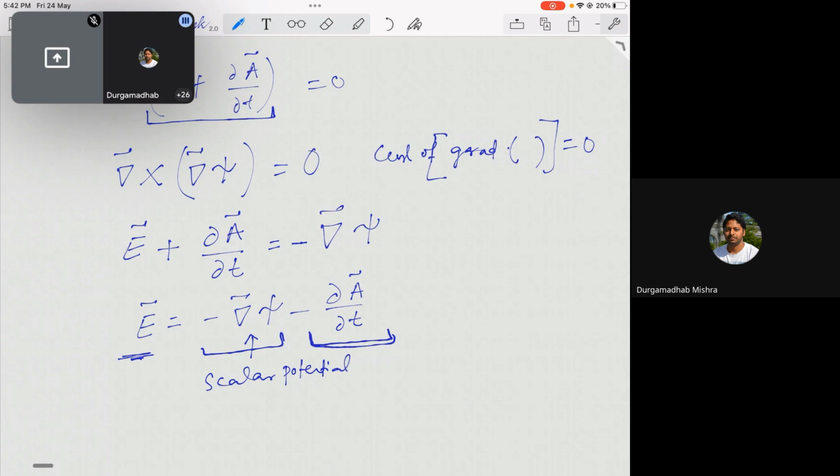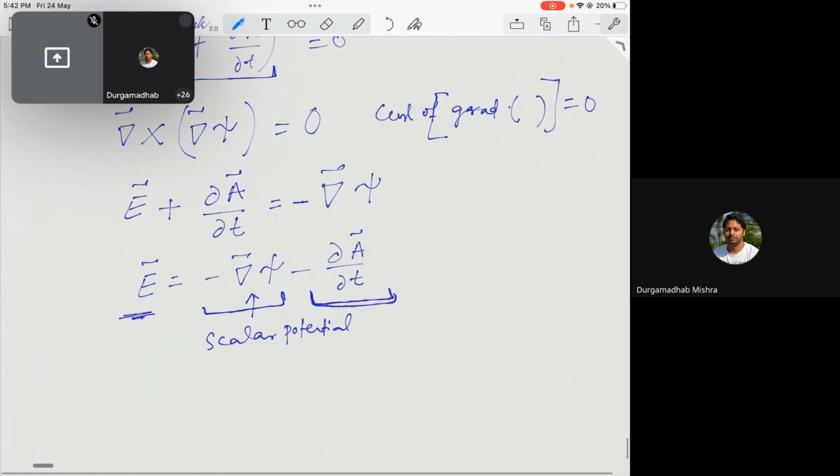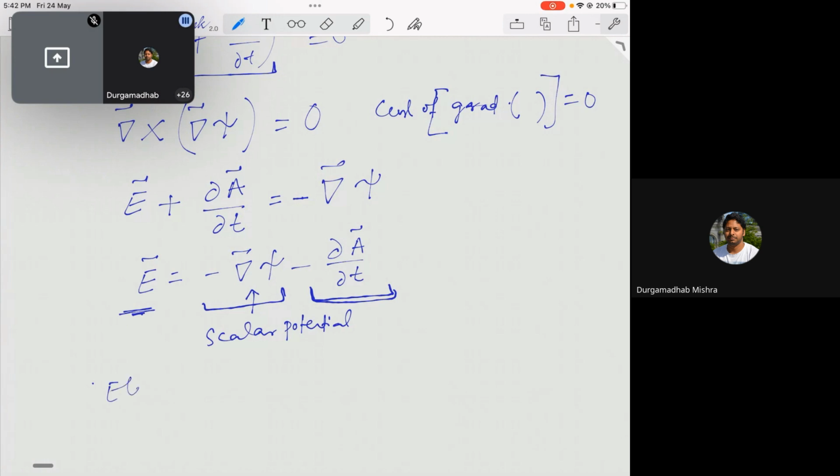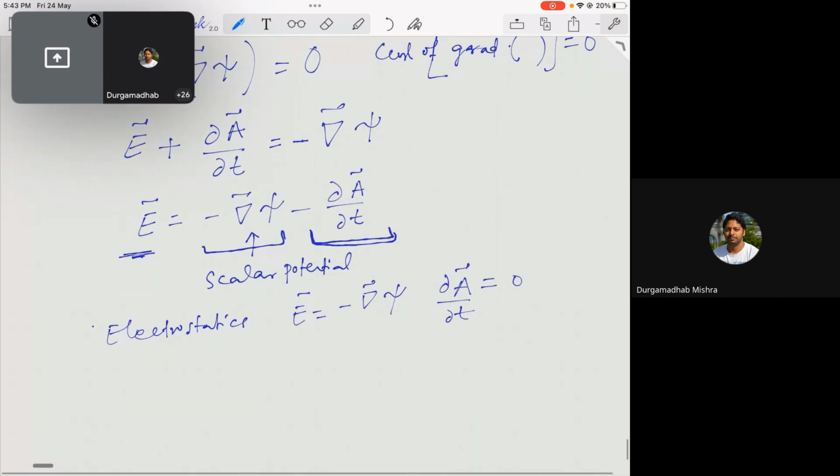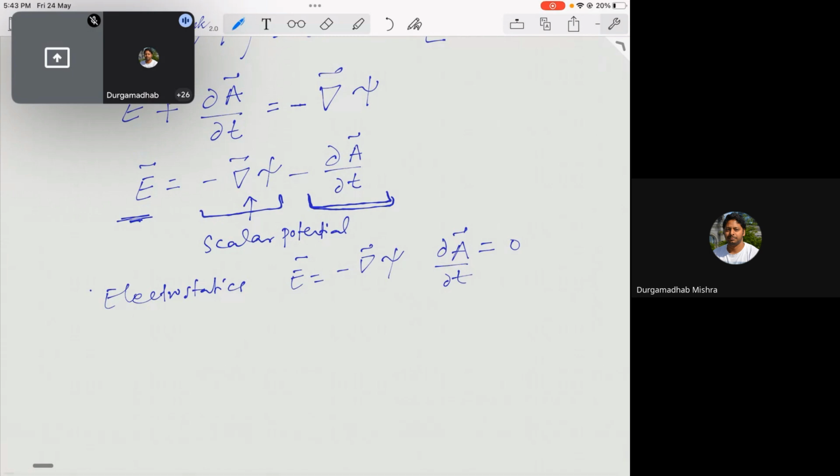In the case of electrostatics, E is simply the gradient of psi or phi, whatever you want to write, and in that case del A by del T will be 0. Okay, so what about the magnetic field?